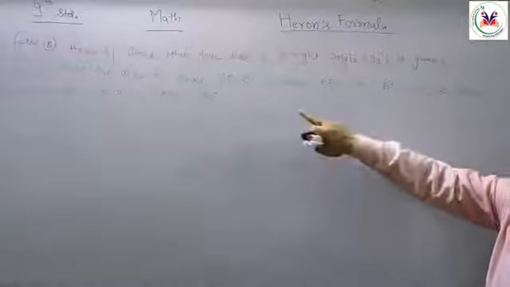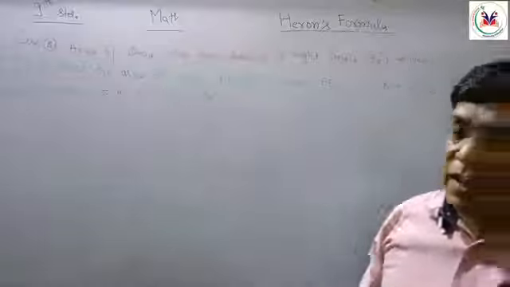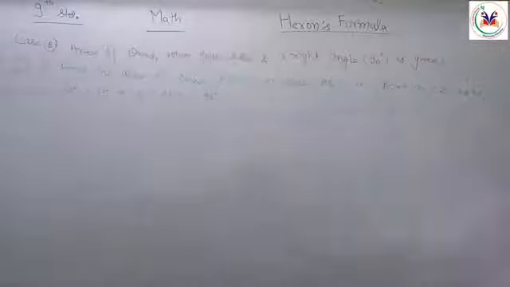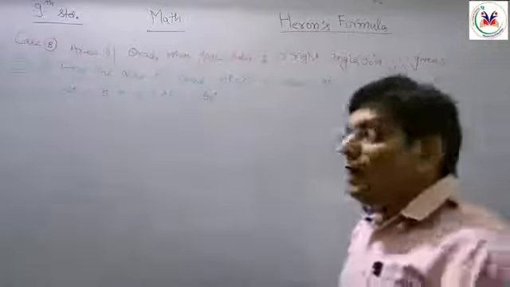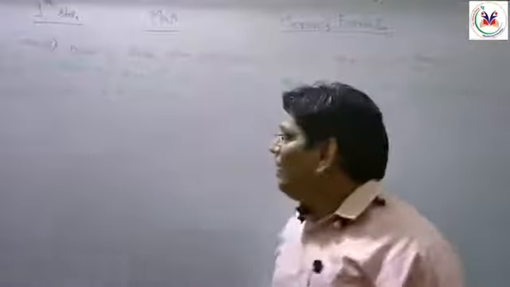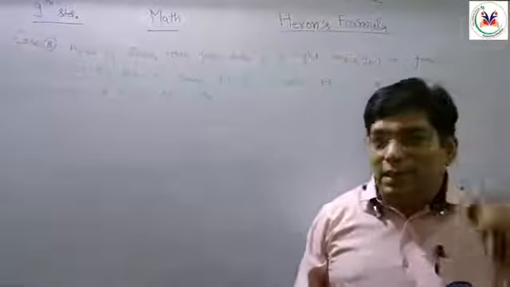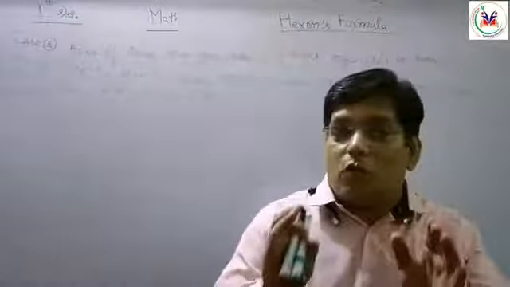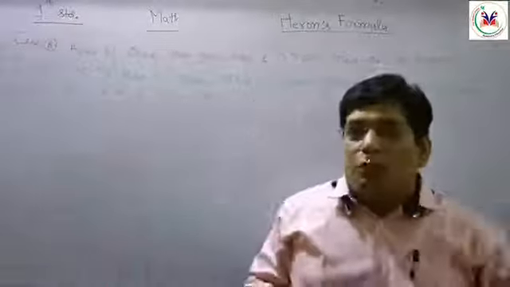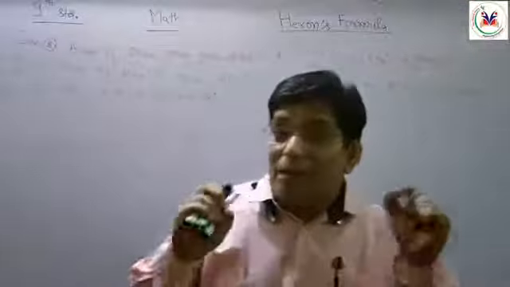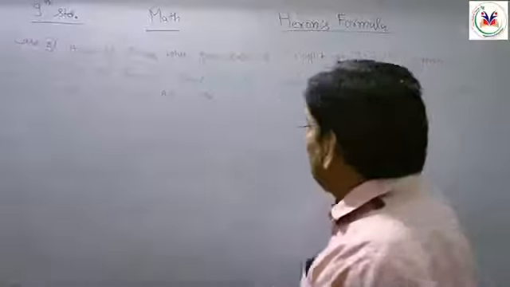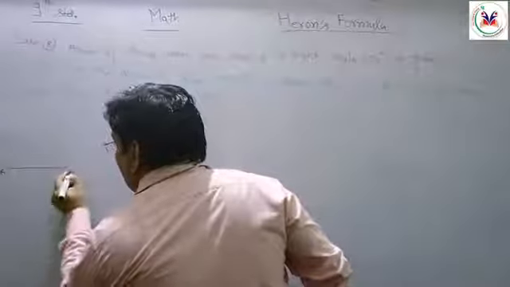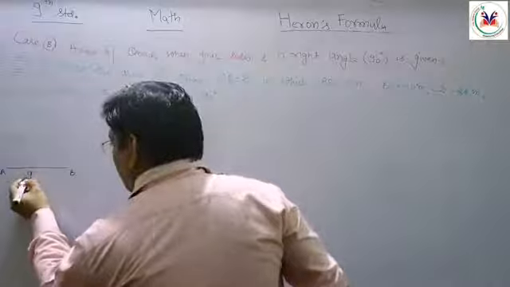So in that situation, again I have written an example. In that example it is clearly mentioned that we have to calculate the area of quadrilateral in which AB equals 9 meter, BC 40 meter, CD 28 meter, DA 15 meter, and angle ABC is 90 degree. So what I told you, four sides and one right angle are given. Now first of all, as I told you previously, we have to draw a rough diagram. First of all we have to draw a rough diagram, and AB is 9 meter.